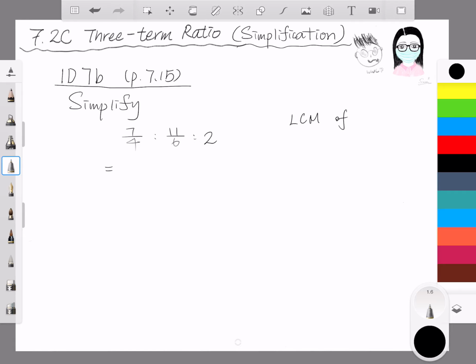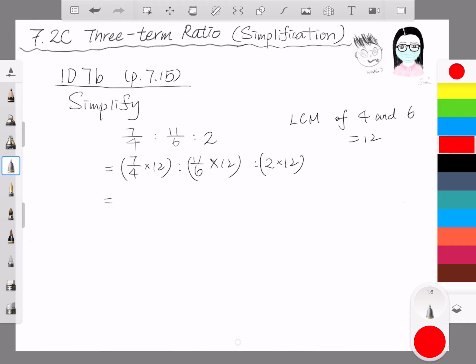All denominators means 4 and 6. So the LCM of 4 and 6 is 12, so you can multiply each term by 12: the first term, the second one, and the third one. Multiply each of them by 12.